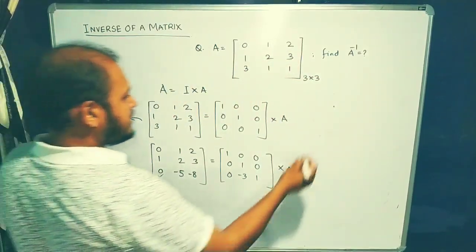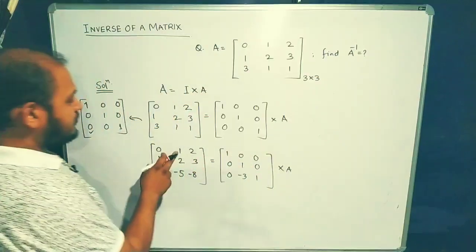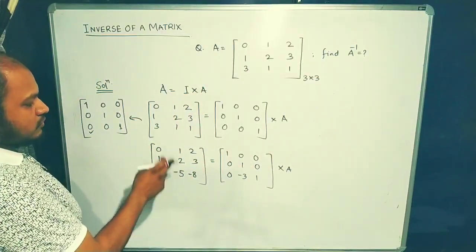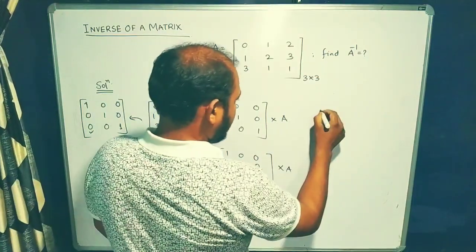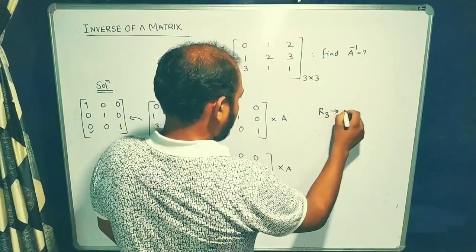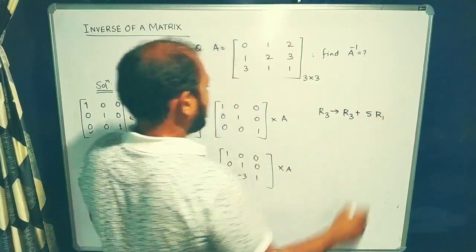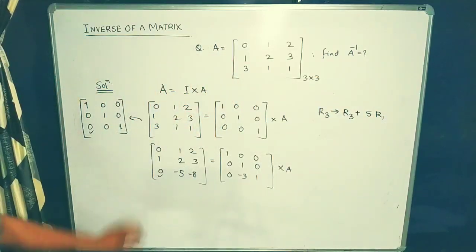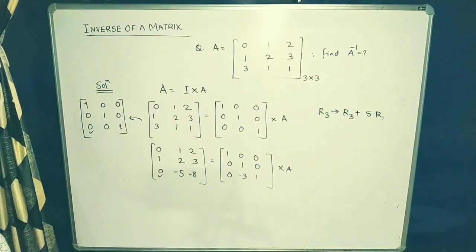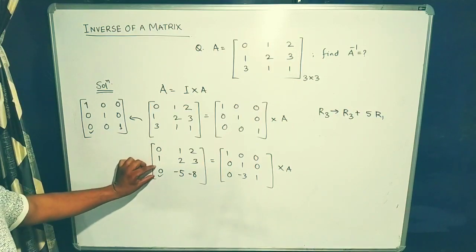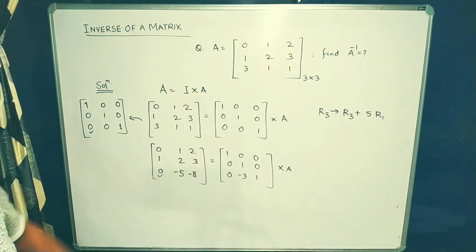We can multiply the first row by the number 5 and then add these two rows. So R3 will be changed to R3 plus 5 times R1. If we do this, that means the first row gets multiplied by 5 and then we add both the rows and place the result at this position.